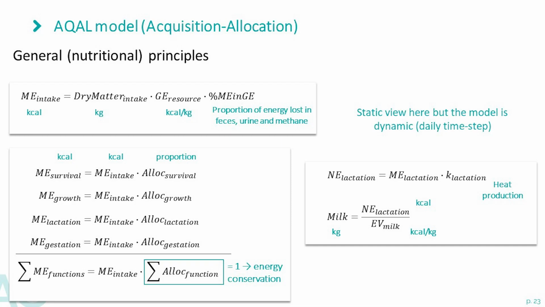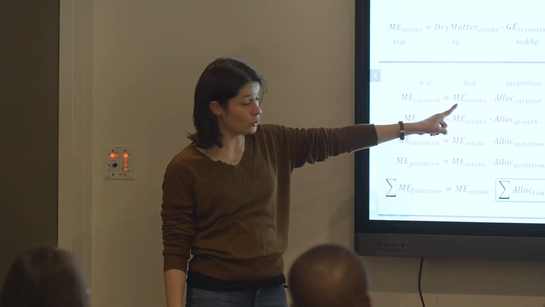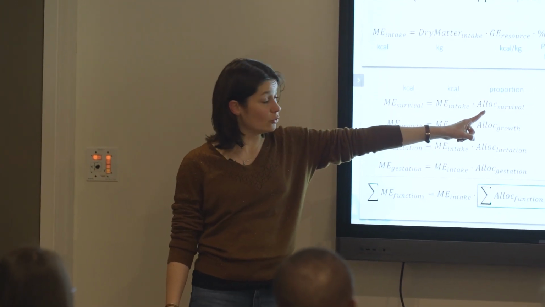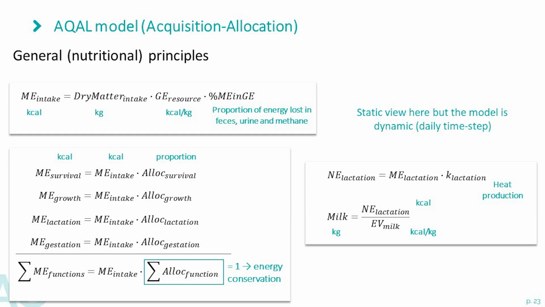What is allocated to survival? It's what you eat, multiplied by the proportion you put into the function. This is not extraordinary. But in the end, when you do the sum of all the energy allocated to the functions, this should be equal to what you eat, because we account already for some losses.